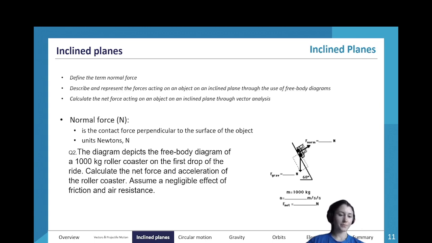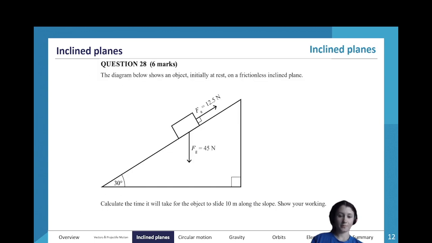So, we know that here our mass is 1,000 kilograms. Our force is going to be F equals ma. So you could calculate the answer to that using that formula.